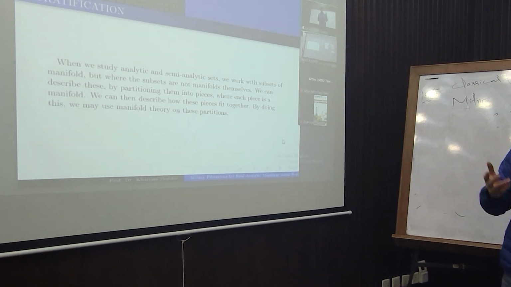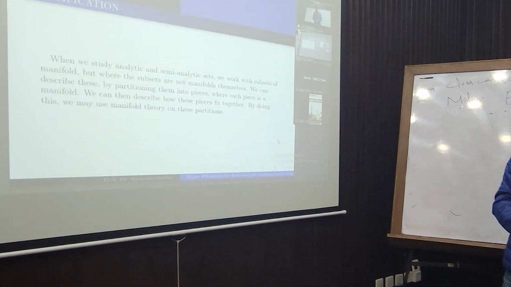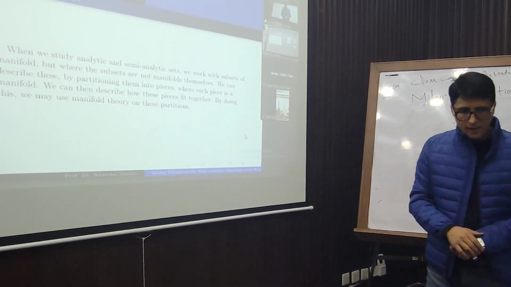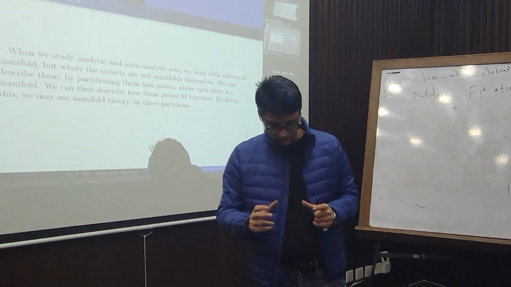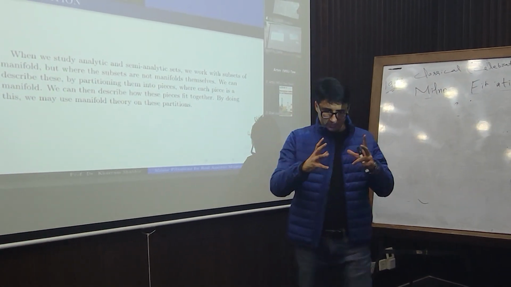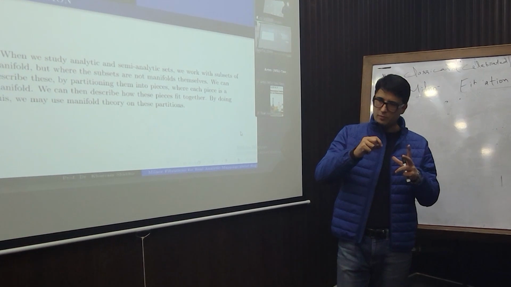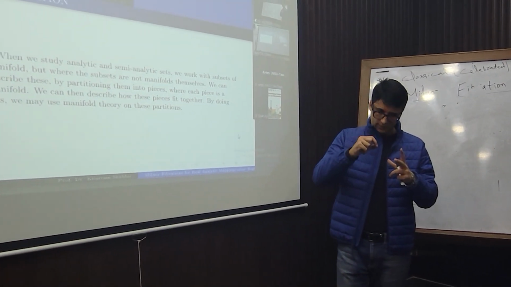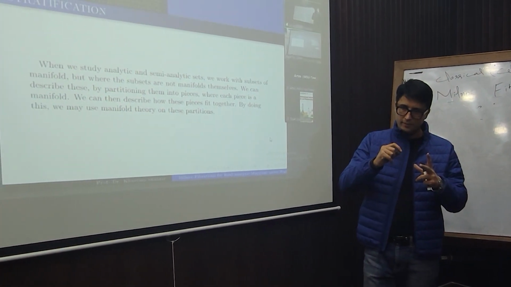So here is another concept, right? This is about stratification. As I told you in the beginning, if you have some brain and there is some tumor, that tumor is a singular point here, right?